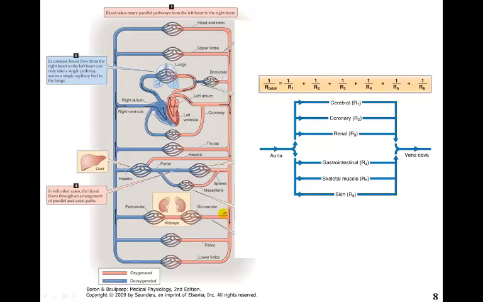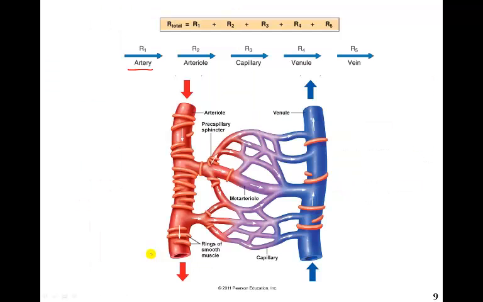But once we look at the blood flow as it flows through an organ, this is basically a series phenomenon of blood flow. At the tissue level, all blood has to go through arterioles, and this is going to be the major bottleneck, and then capillaries and venules, little veins, and then veins.